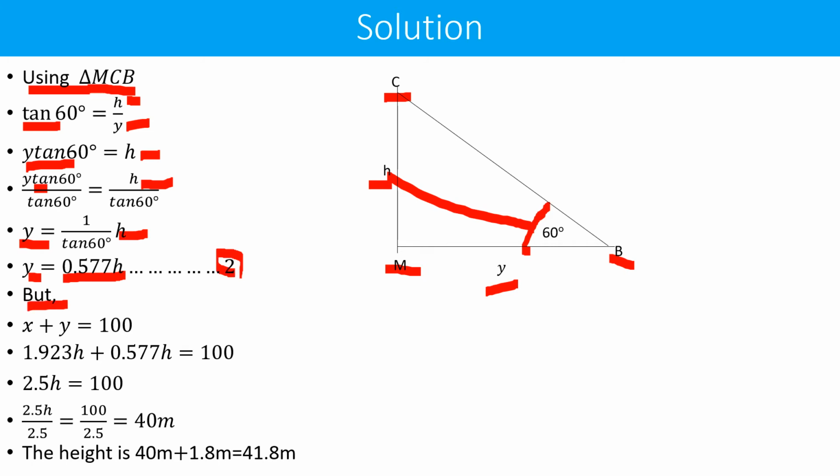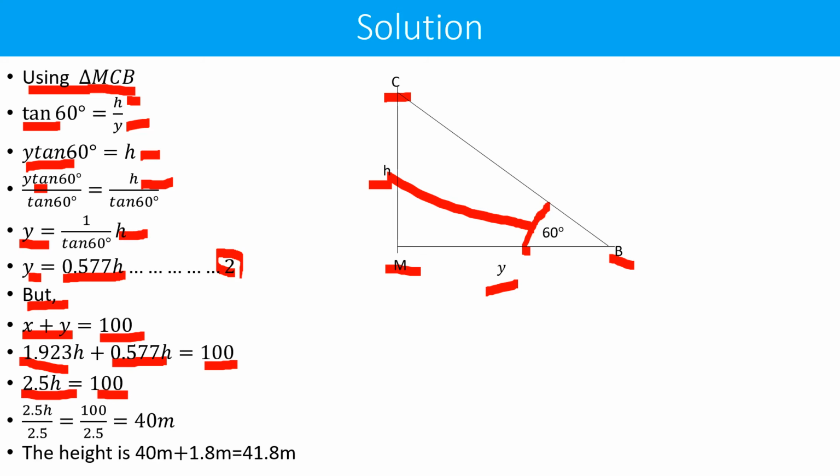But we have a condition: X plus Y is equal to 100. So X is 1.923H. Then Y is 0.577H. It's equal to 100. So if you add 1.923 plus 0.577, you get 2.5H. It's equal to 100.